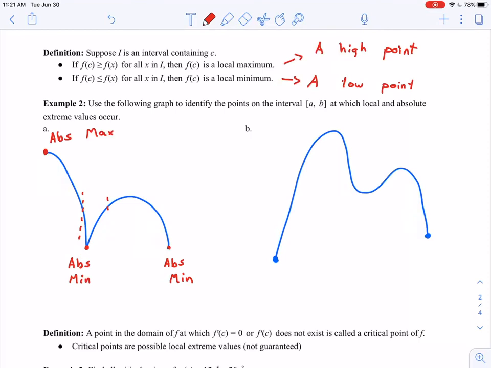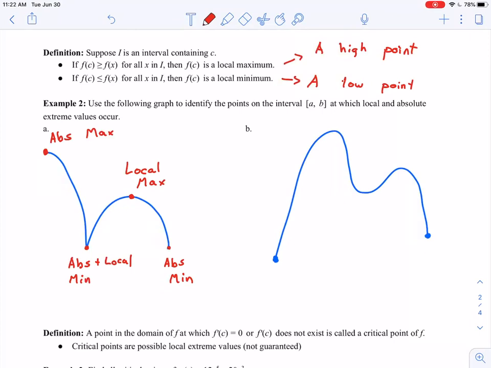So it's an absolute minimum, yes, but it is also a local minimum as well. So you can have points be both absolute and local extrema. We can have that happen. This point right here looks like it's a high point, so in this case we would say that that is a local maximum. It's not an absolute because it's not the highest y value there.